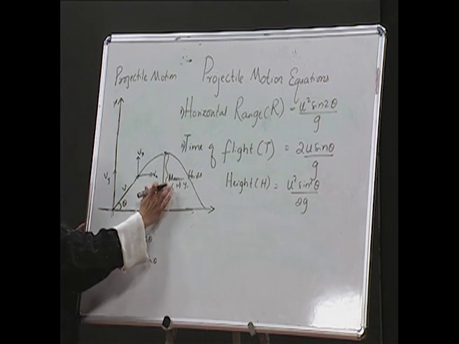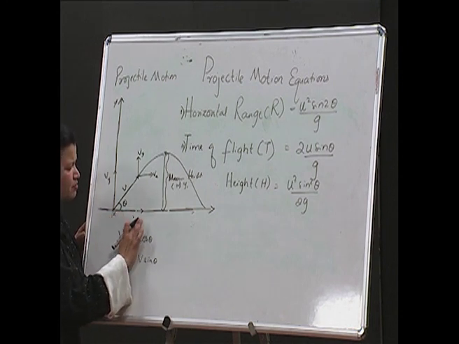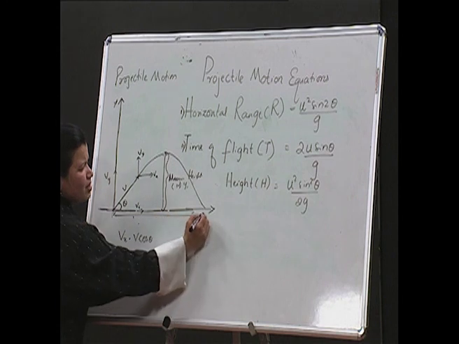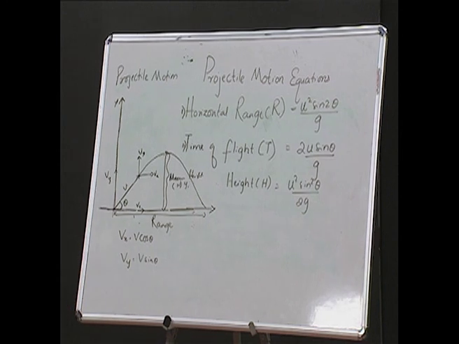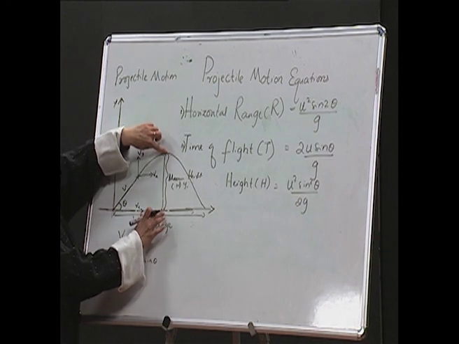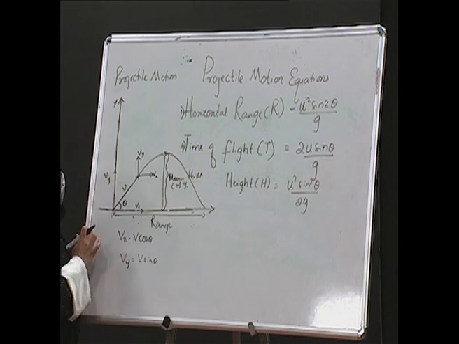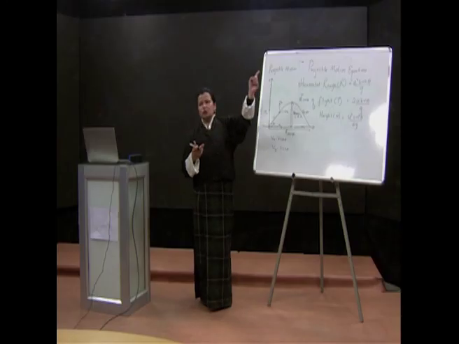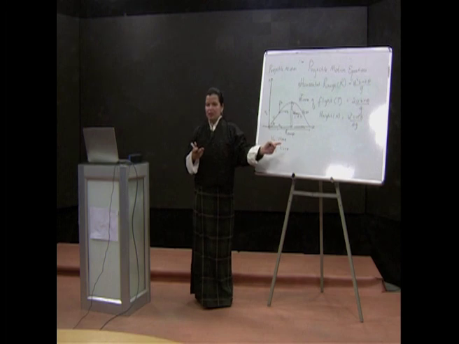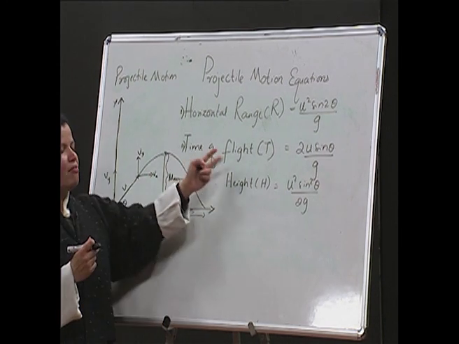One is the maximum height, the maximum vertical distance. Another is the total distance covered by the projectile, which is known as the range. The third is the time taken by the projectile to complete the path, which is known as the time of flight.